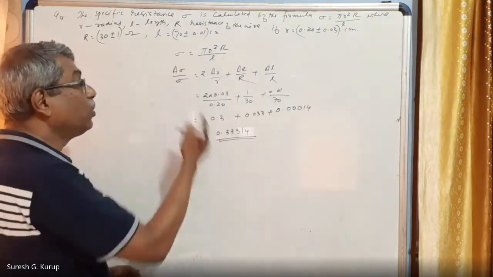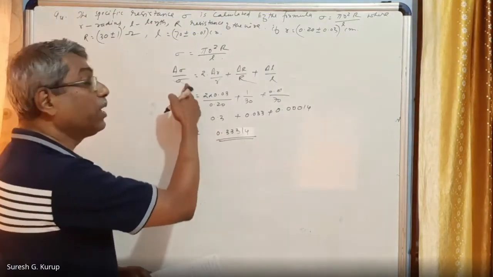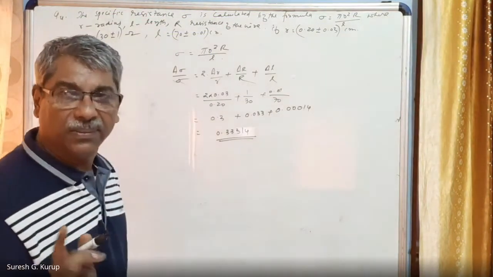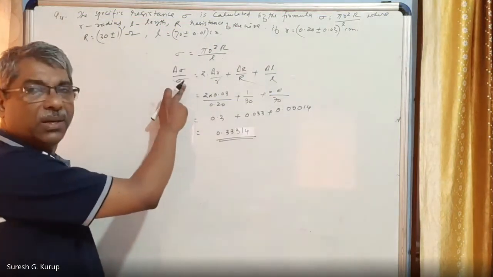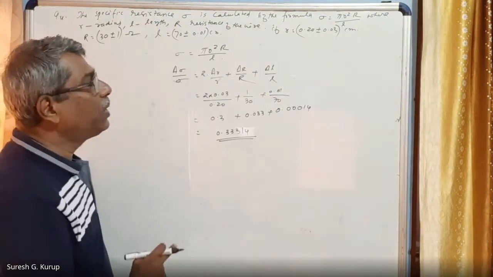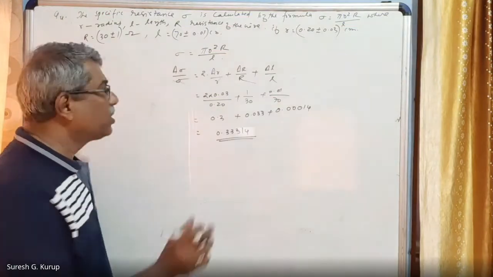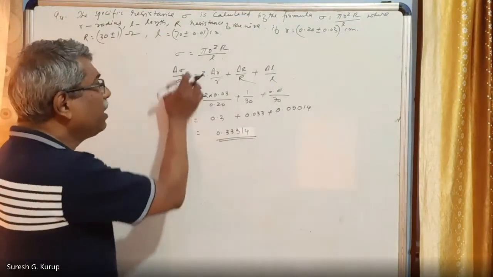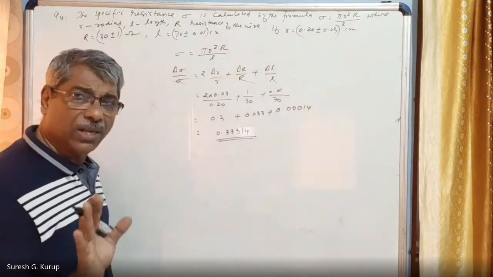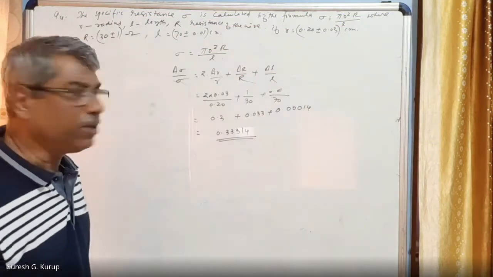Absolute error is equal to relative error into real value. Sigma is the specific resistance. So from this condition itself, the absolute error can also be calculated. That is the idea you must keep in mind.